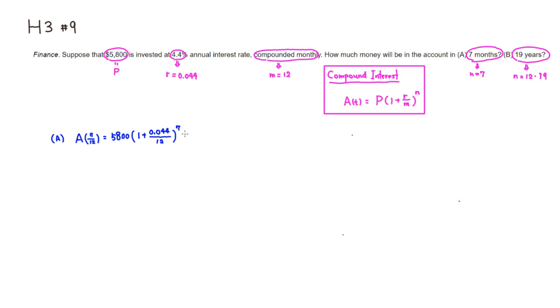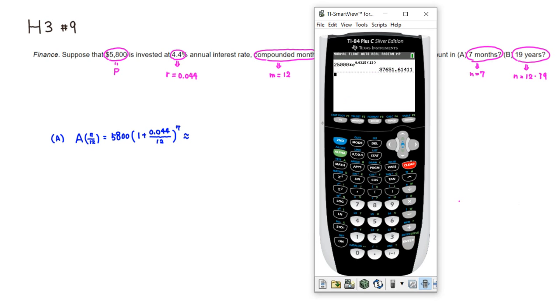All right, so let's get this value. Bring it out here. We want to find 5,800 and multiply by the quantity 1 plus 0.044 divided by 12, and raise it to the 7th power. Then hit enter.